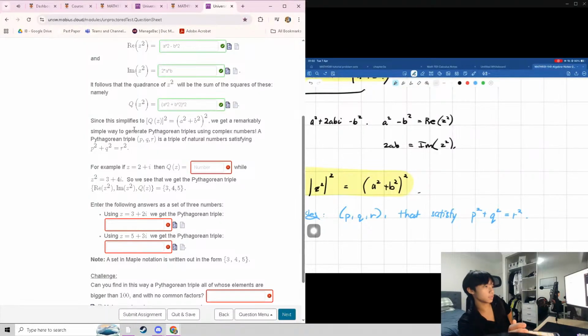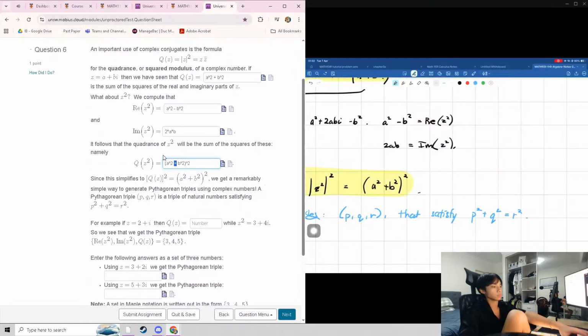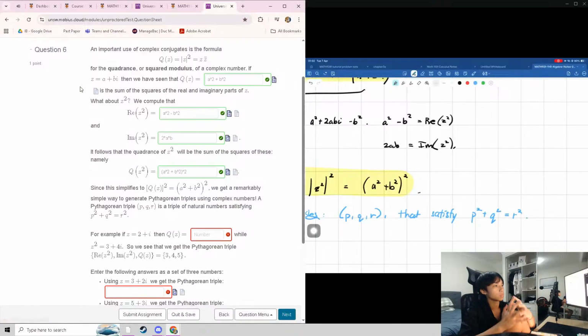If z is equal to 2 plus i, then qz is 2 plus i squared. Sorry, squared modulus. Wait, could I do this? Sum of the squares.